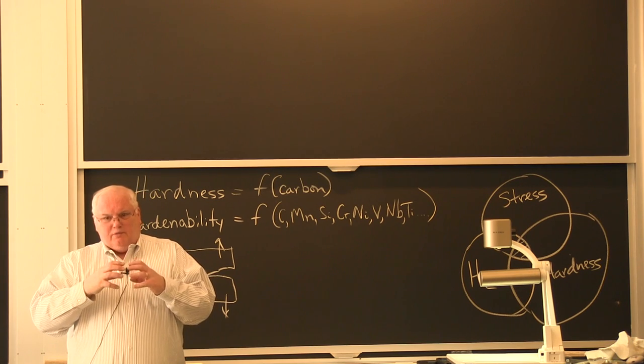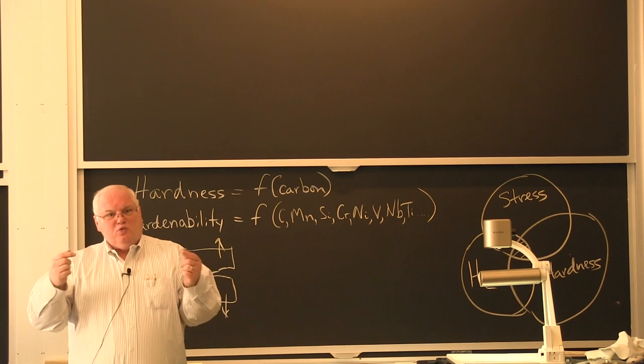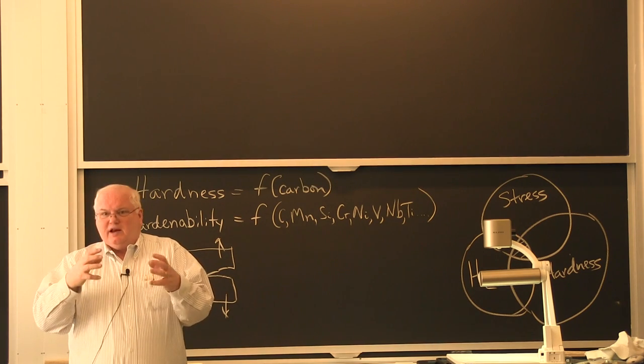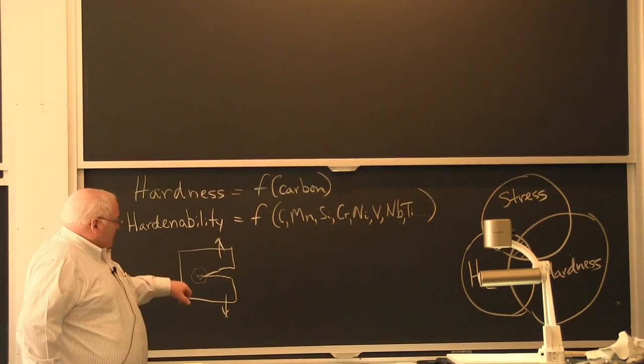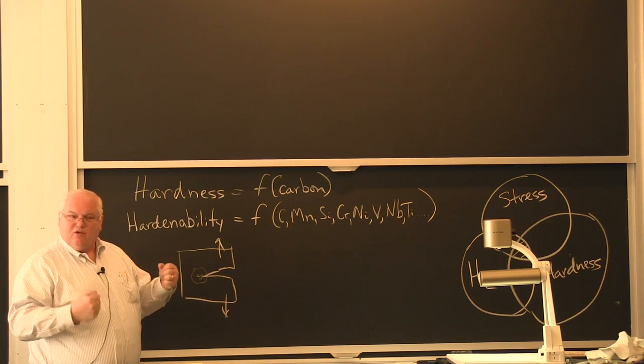Why is that? Well, hydrogen is an interstitial atom. It likes to strain the lattice. And if you strain the lattice, the hydrogen will go to the lowest energy state where the lattice is already expanded. That's at the cracked tip. I'm pulling on the lattice at the cracked tip.